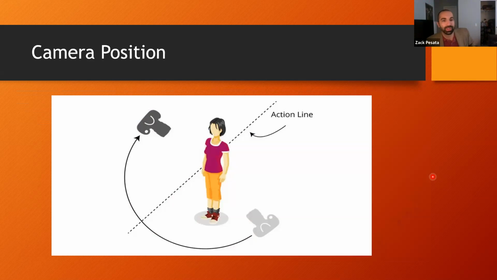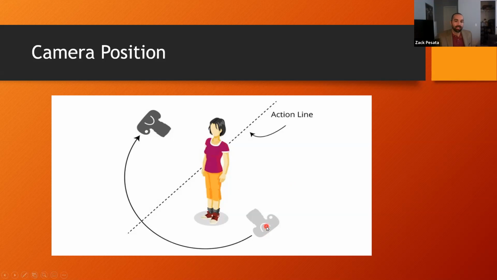Then we have camera position. And I don't want camera position to get too confusing, so I might skip a few things, but we'll see. So camera position. This diagram, I think, is a decent introduction. Once you have your angle picked out, you can also choose where you want to place the camera in relation to your subject.